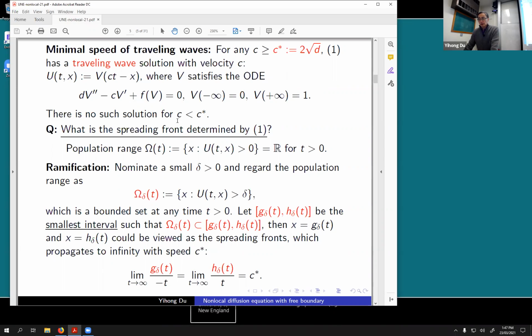Now, this model, we see, is very powerful and useful. It tells us the spreading speed, but of course, it's not perfect.